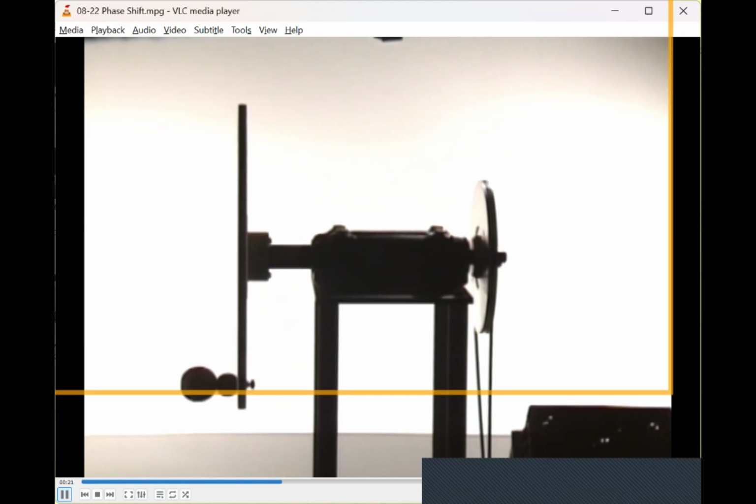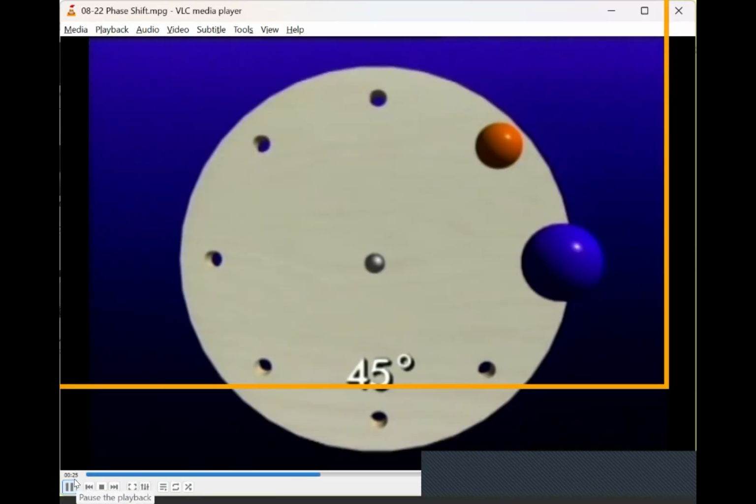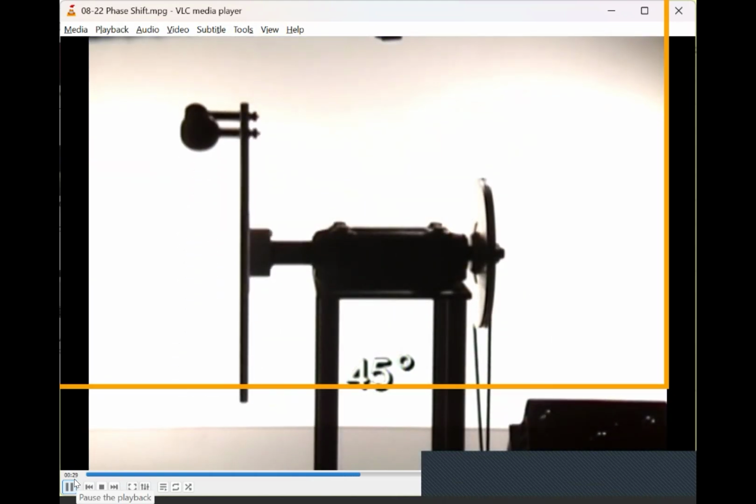Here the spheres are moving in phase. Here they are moving with a phase difference of 45 degrees.